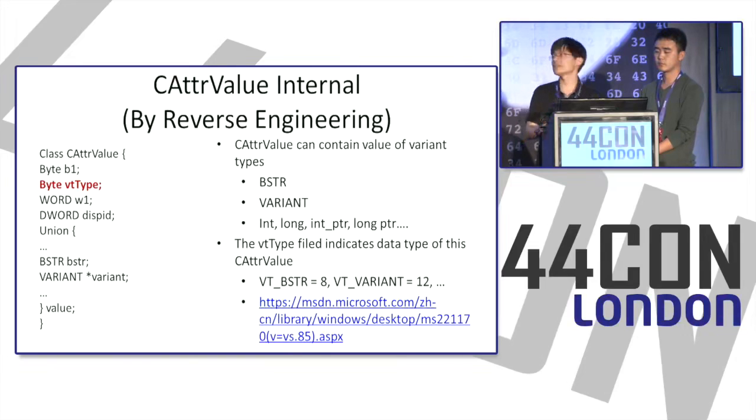And the second byte in the CAttribute value is important. It indicates the data type of this attribute. For example, if this byte is 8, which stands for VT_BSTR, then this attribute will be a BSTR string attribute.